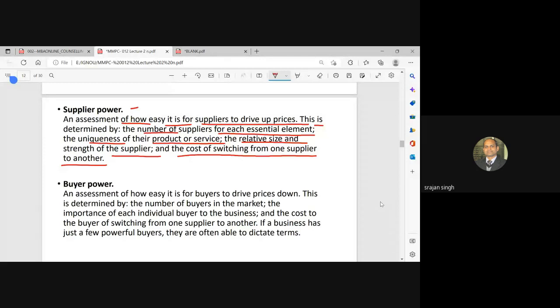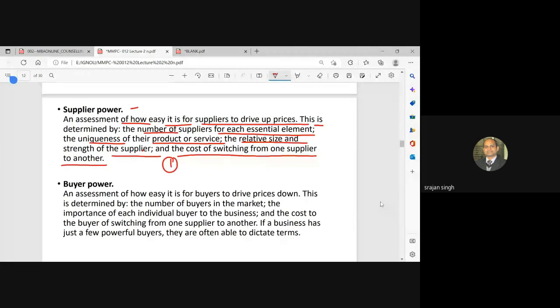See, if a business is operating in a specific environment, then obviously the business must have a number of suppliers. So the suppliers have their own bargaining power. Just imagine there is a product which is very unique and there is only one supplier who has that raw material.